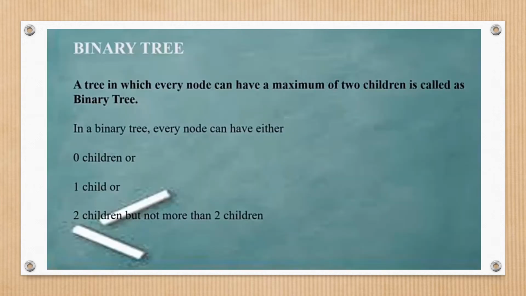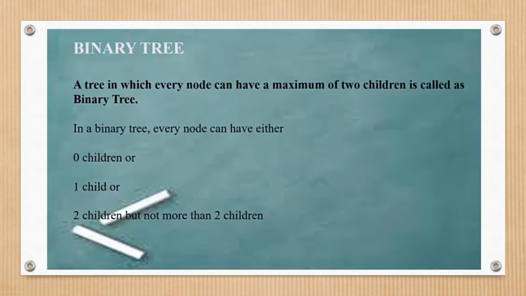What is a binary tree? Already we know that a tree is a non-linear data structure. Here, binary tree is a tree in which every node can have maximum of two children is called as binary tree.